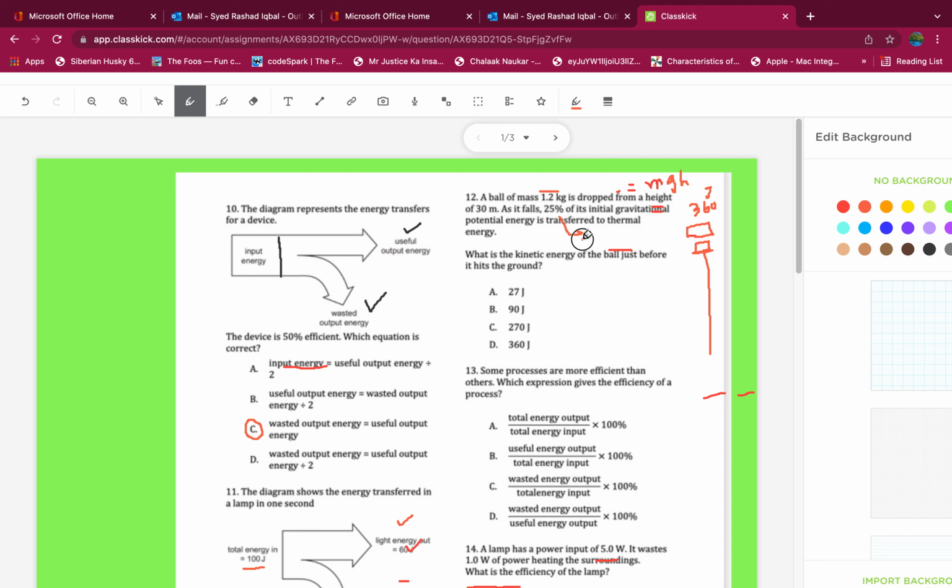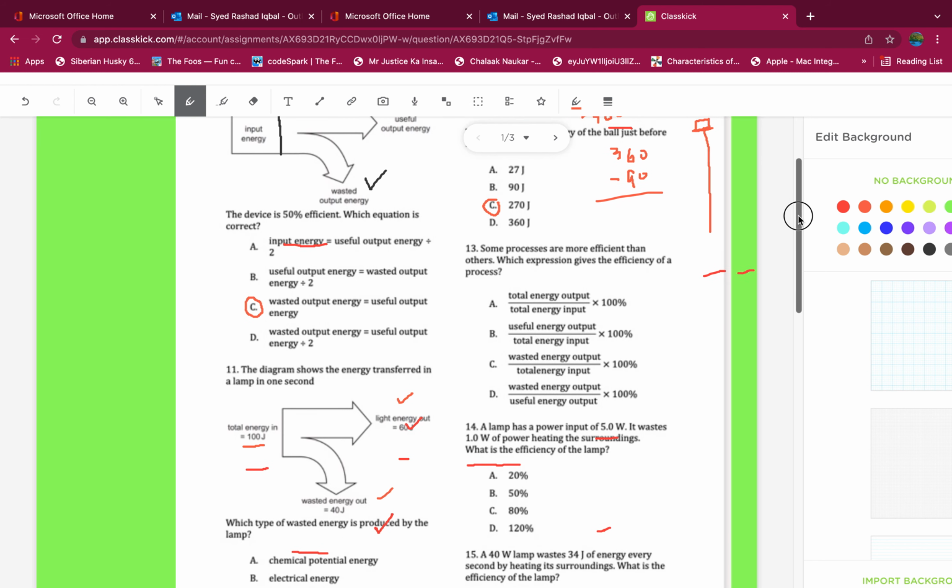Total input was 360, 90 joule is wasted. What is left will be the useful energy: 360 joule minus 90. When you subtract it, your answer will be 270 joule. That is the useful energy. So in this way you will solve it.